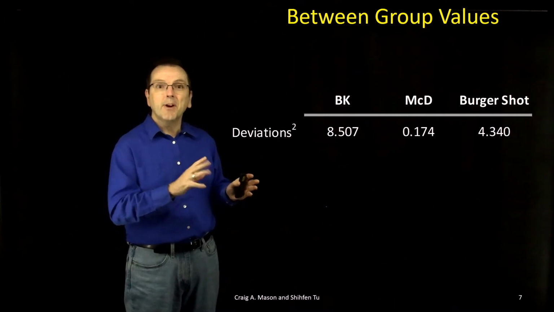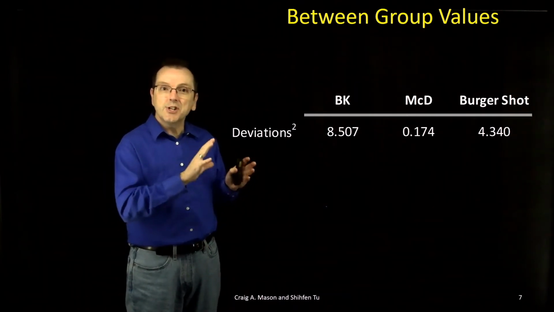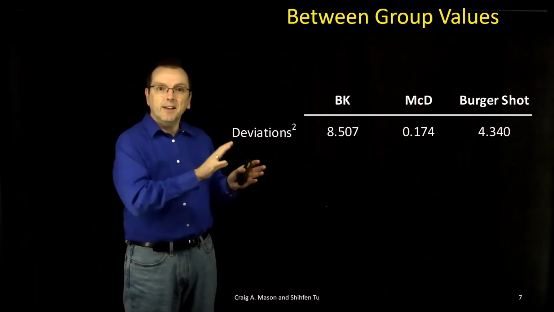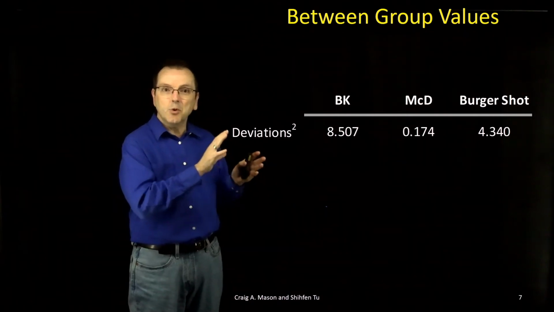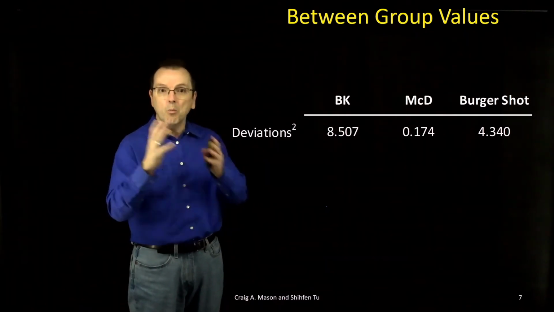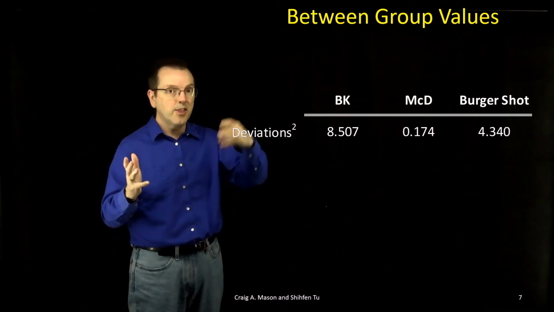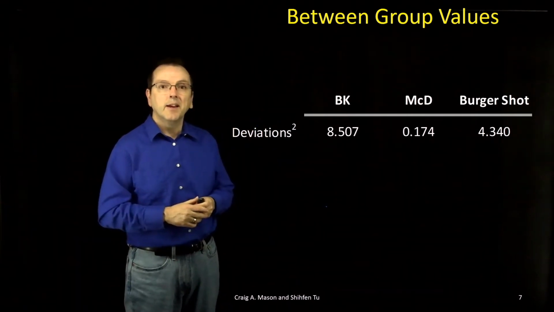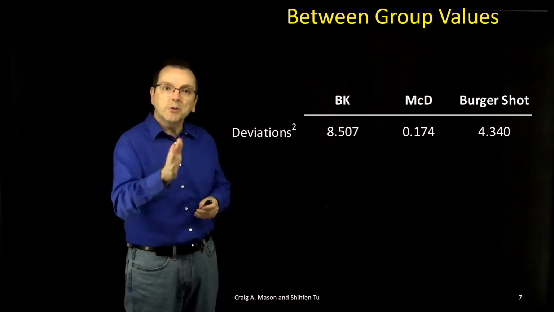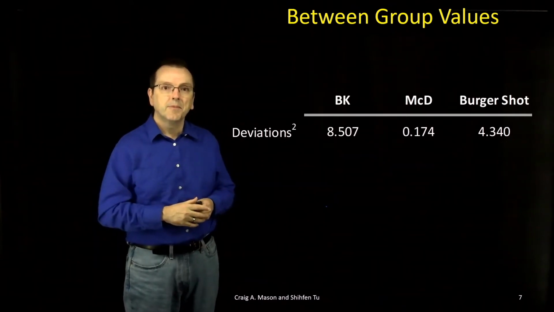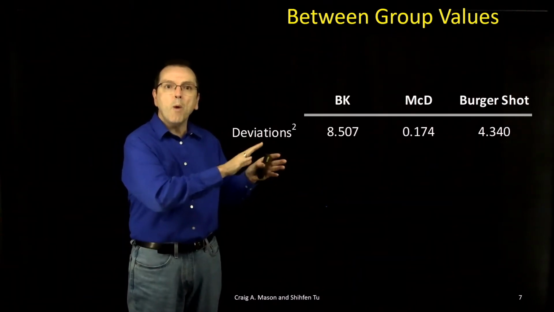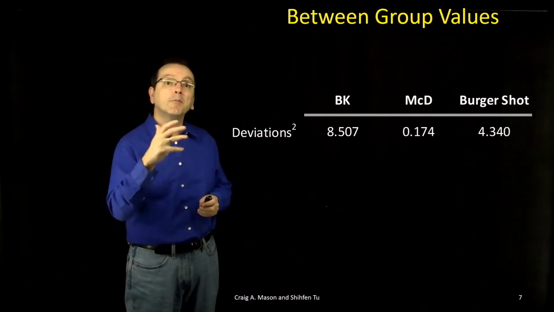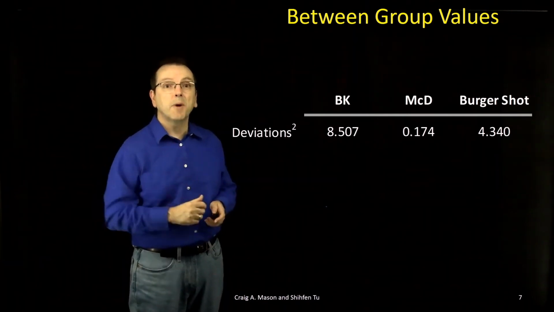Now, remember, when we discussed partitioning the sum of squares, these squared differences between one's group mean and the overall grand mean applied to every person in the data set. So we have to weight each of these by the number of people in each of the corresponding groups.